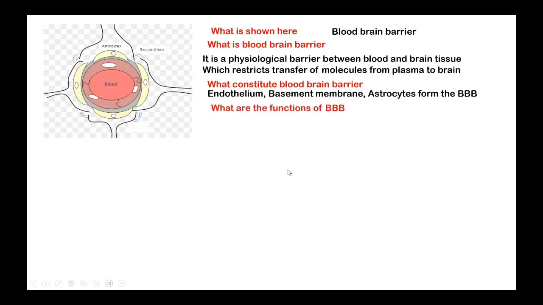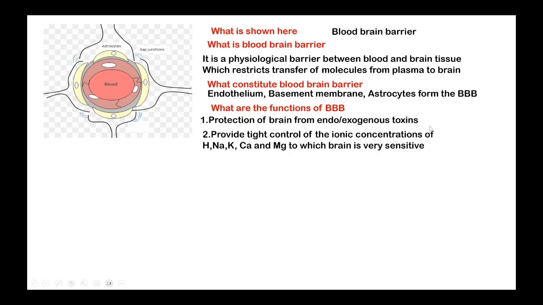What are the functions of the blood-brain barrier? Why is it there? What will happen if it is not there? Protective function: all toxins can enter otherwise, so it protects the brain from endogenous and exogenous toxins.